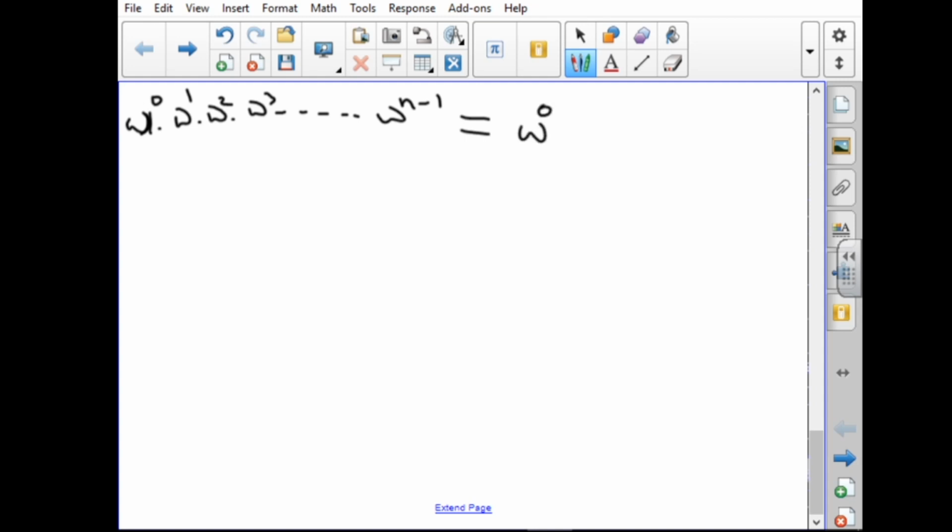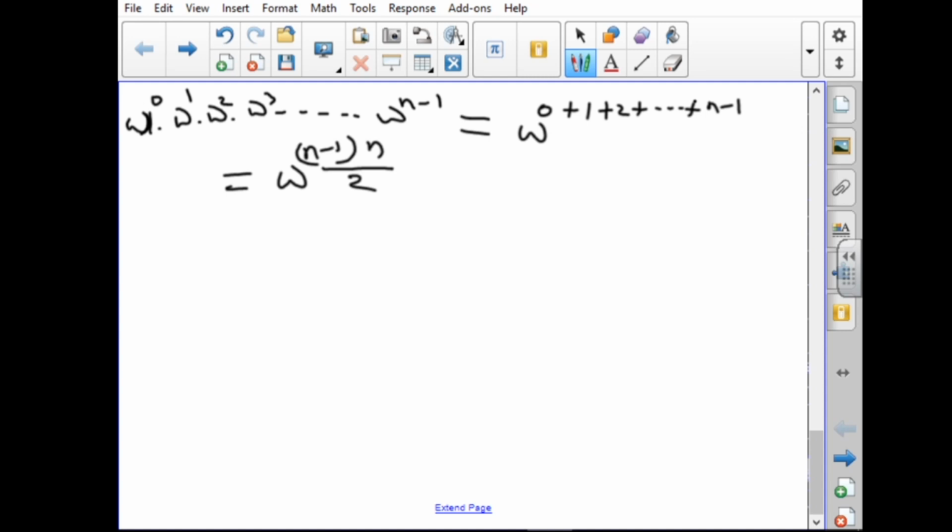So, omega power 0 plus 1 plus 2 plus etc. up to n minus 1. So, it is the sum of the first n numbers. So, using the formula we get this as omega power n minus 1 into n by 2.